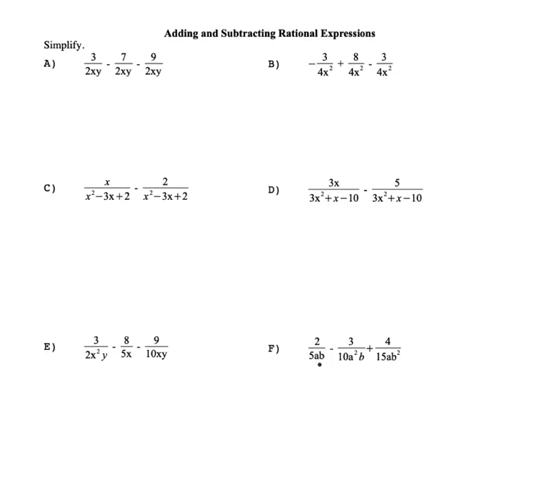For letter F here, we've got 5ab for this denominator, 10a squared b for the middle denominator, and 15ab squared for the third denominator. So let's use the factor tree method this time of finding the least common multiple.